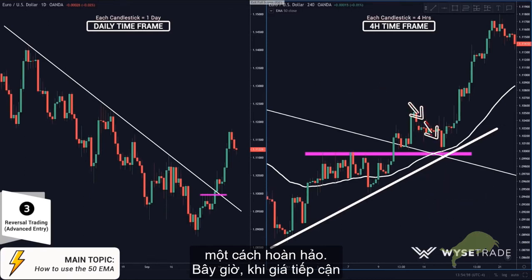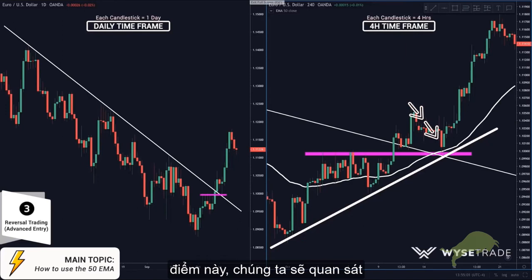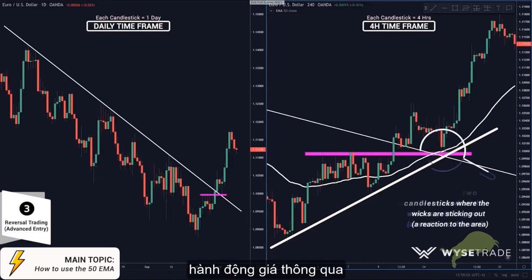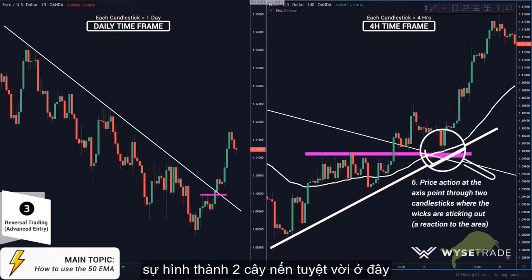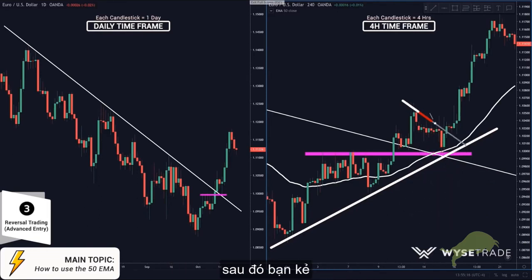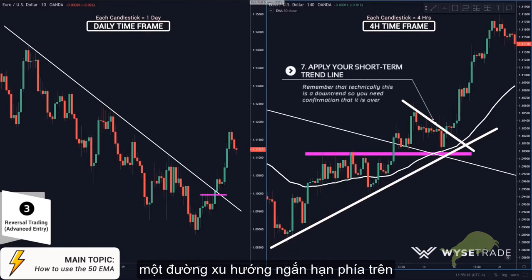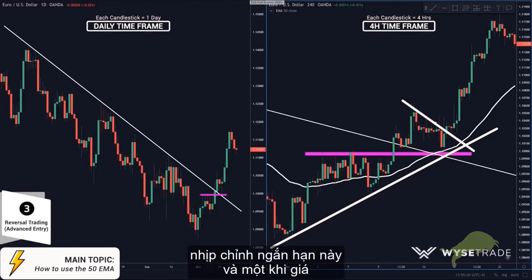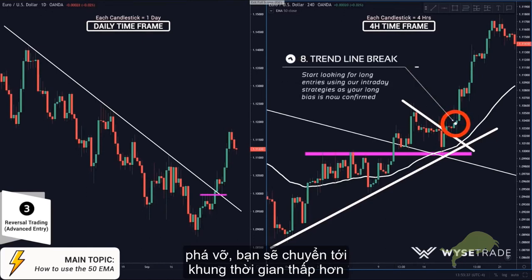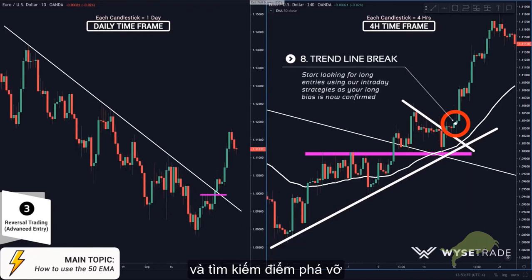Now, as price approached this access point, we were looking for price action, which we got through these 2 great candlestick formations where the wicks were sticking out, showing that price is indeed reacting to everything at this area of high confluence and all its traits. You then put your very short-term trend line on top of the short-term pullback. And once price broke out, you go to the lower time frames and start looking for breakout or momentum entries long, as your directional bias is now confirmed.